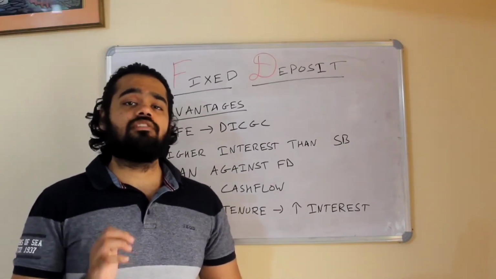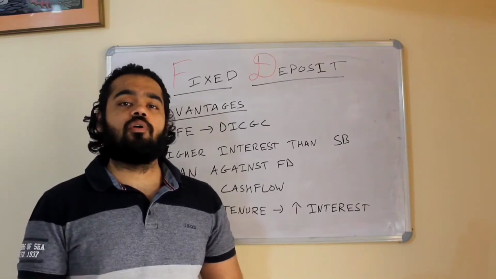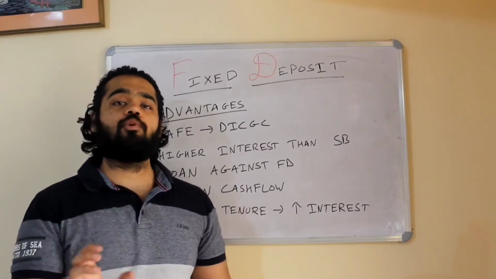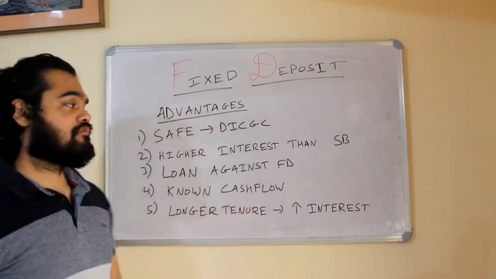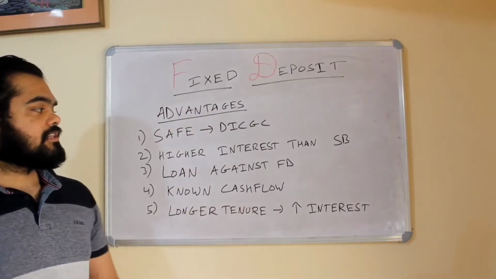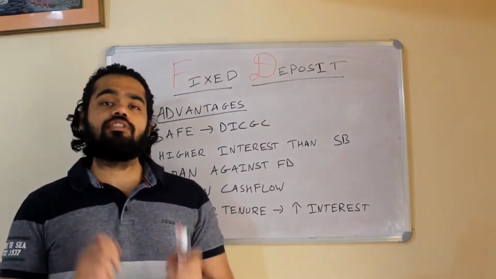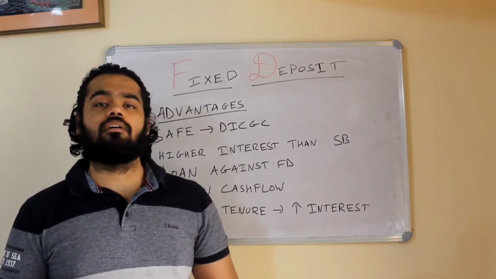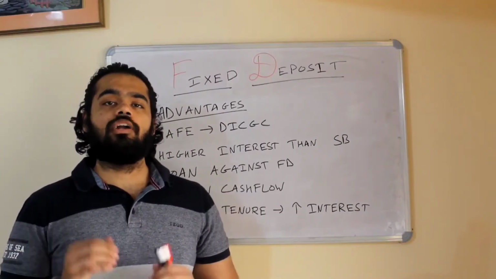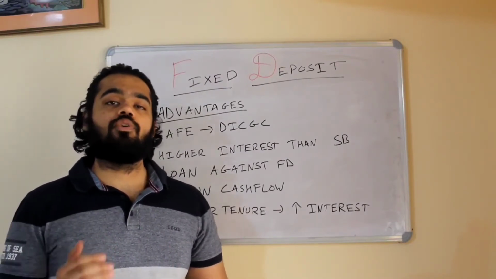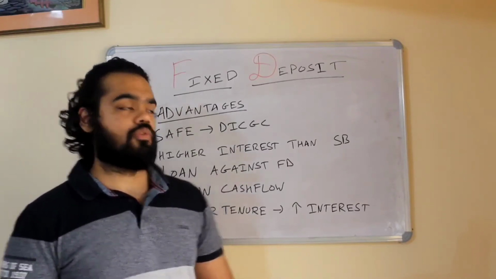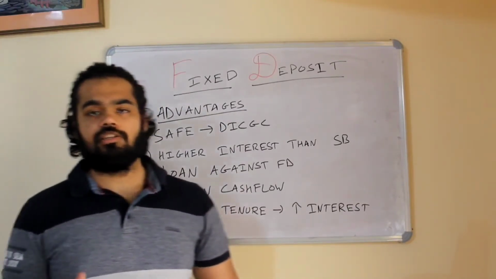That is, if the institution fails to return your amount, the DICGC will return you the amount up to rupees 5 lakhs. So this is a safe bet. The second one is the higher interest. Now, fixed deposits offer higher interest as compared to saving bank deposits. So, it is beneficial to create a FD instead of keeping the funds idle in a saving bank account. The third one is loan against FD.